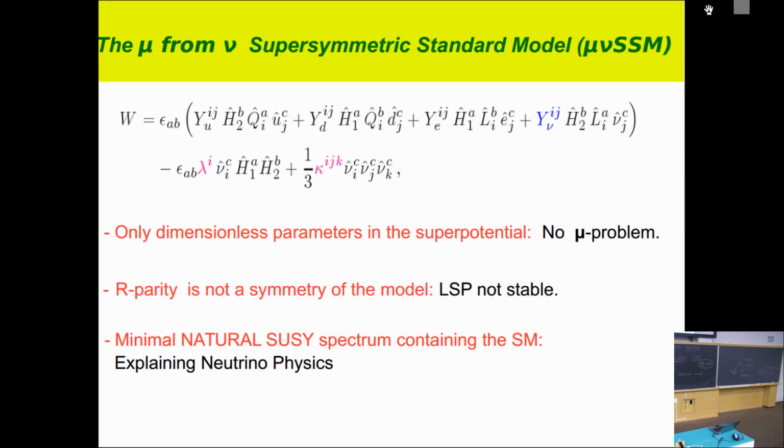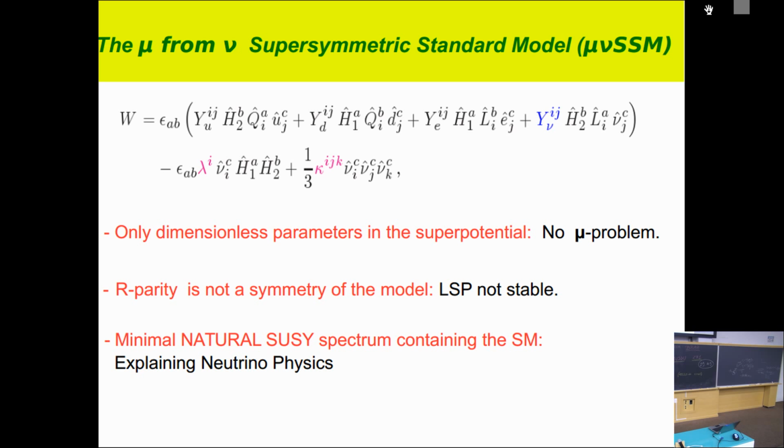In particular, I am going to talk about this superpotential. The idea is very simple. It's to take the standard model and make the supersymmetrization, but starting from the beginning with right-handed neutrinos, because you know that you need to reproduce the neutrino physics. The idea is to construct the simplest model possible, including right-handed neutrinos in the game.